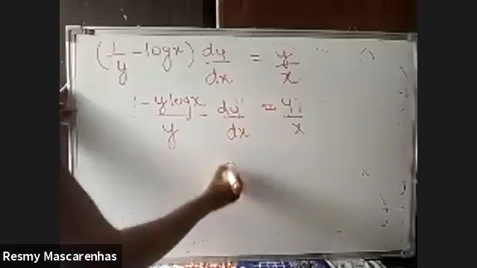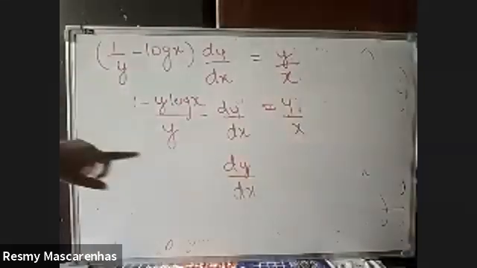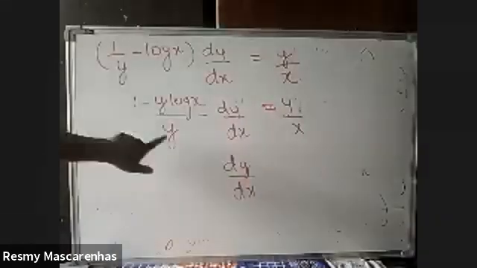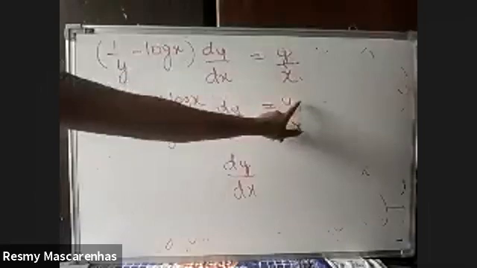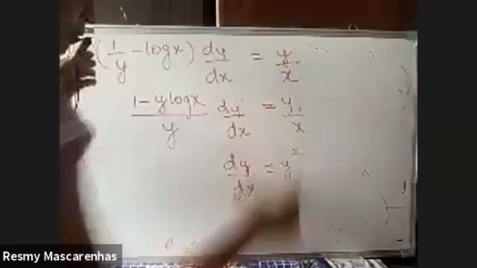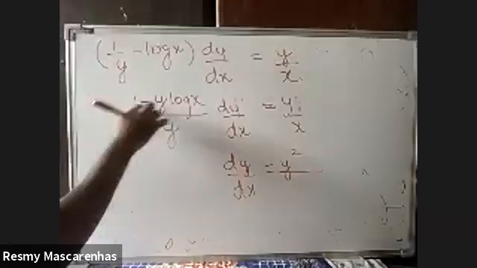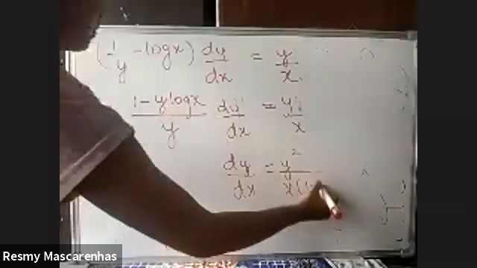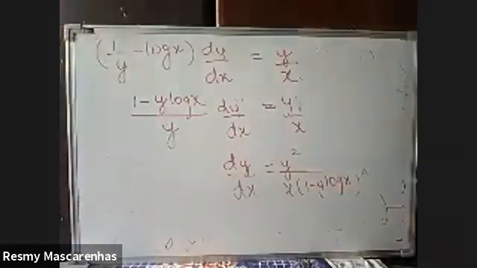And then take everything on the other side. So what will happen? Now y from the denominator will go up and get multiplied here. So y into y straight away will become y square, upon this whole thing will come down. Okay, so this will be your answer.